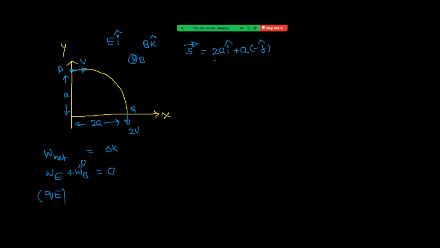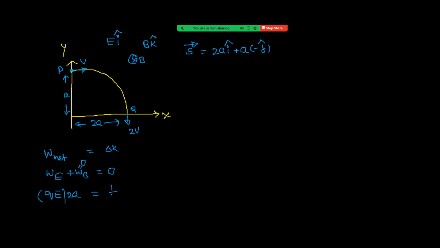This is now the displacement vector from P to Q, right? But we are focusing on the displacement component along the electric field. It is 2A, right?